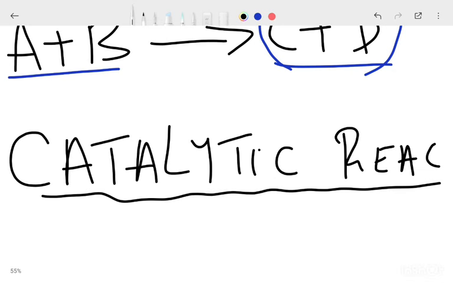Catalytic reaction. Now, if I may ask, what is the meaning of catalyst? Now, there are some reactions.